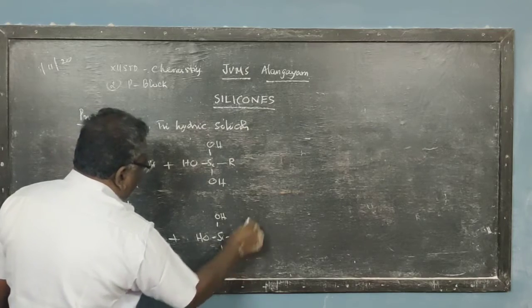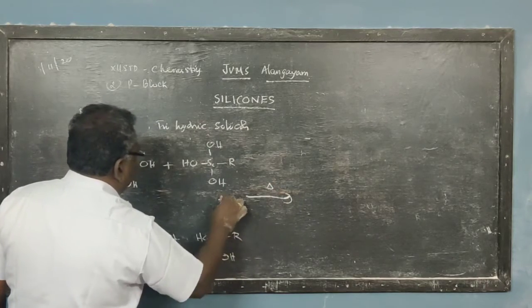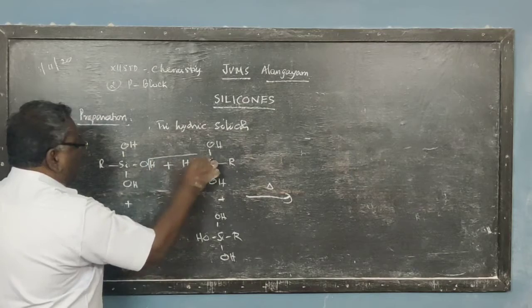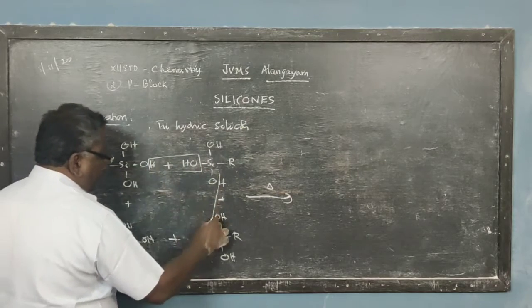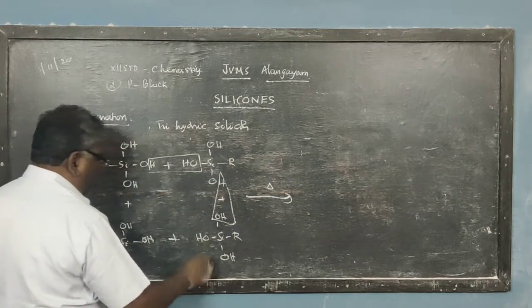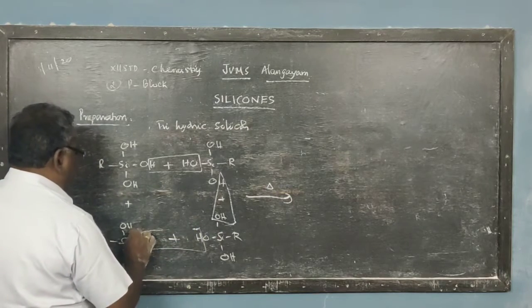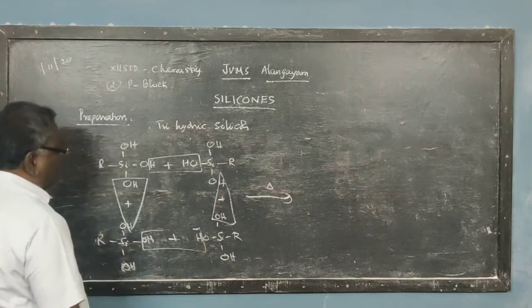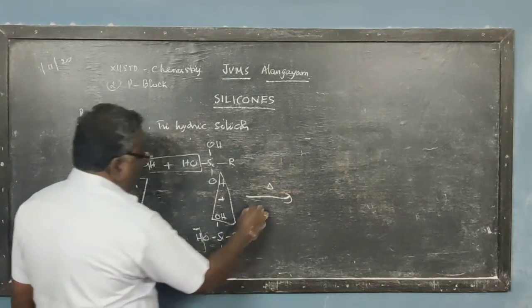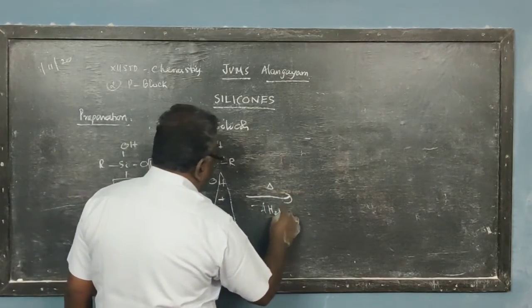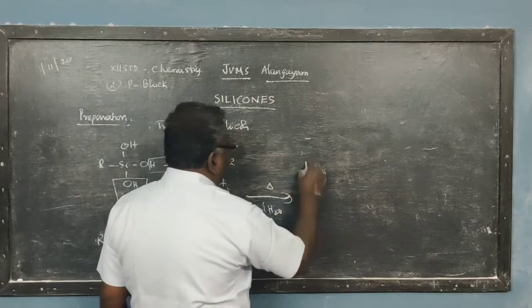When these molecules are heated, what happens? H will go with OH forming H2O, four times. So 4 water molecules will go, and now we get a ring silicone or cyclic silicone.